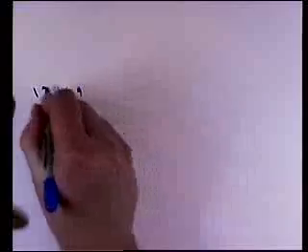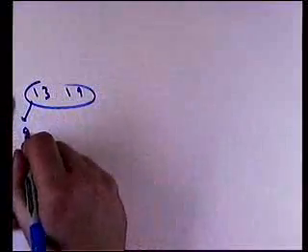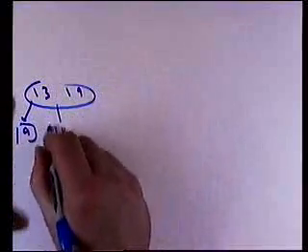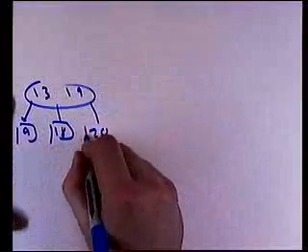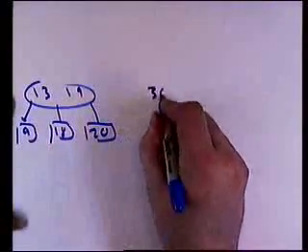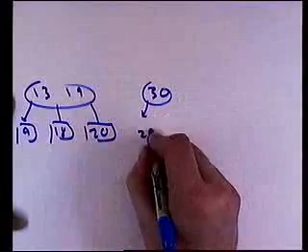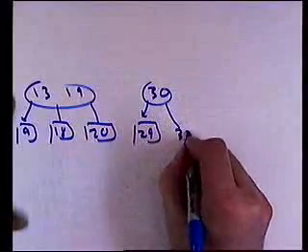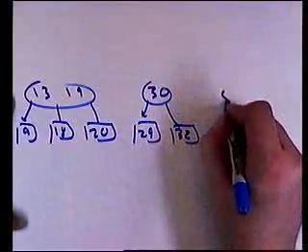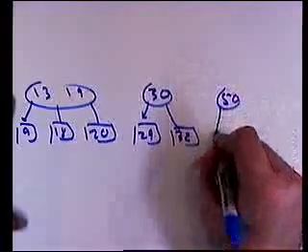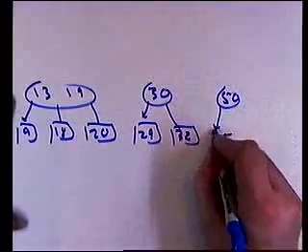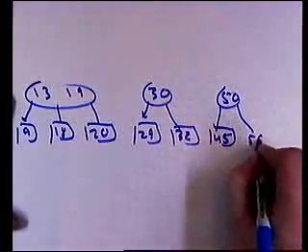This was child 1, 13 and 19, with 9, 18, and 20 as nodes. This was child 2, and this was child 3.